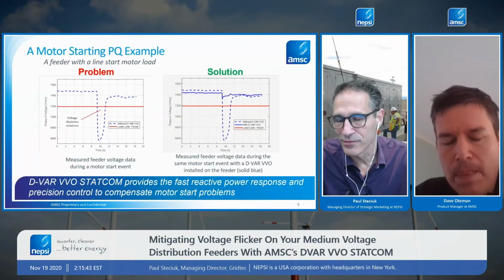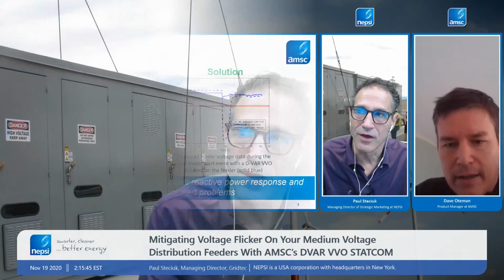So this brings up an interesting point: a lot of times when people are doing studies, they assume a pre-start voltage of 1.0. But the reality is on distribution systems, as they come up and load during the day, the voltage drops along the line.